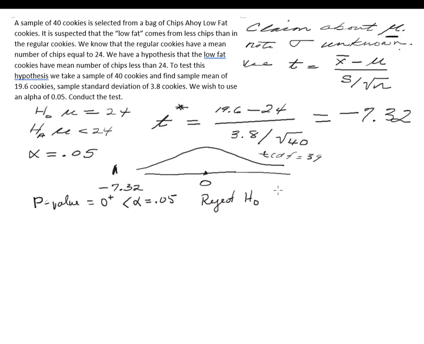From this data, we cannot conclude that the mean number of chips in Chips Ahoy is equal to 24 chips. So it looks like, in fact, they've taken out some chips in order to reduce the fat.